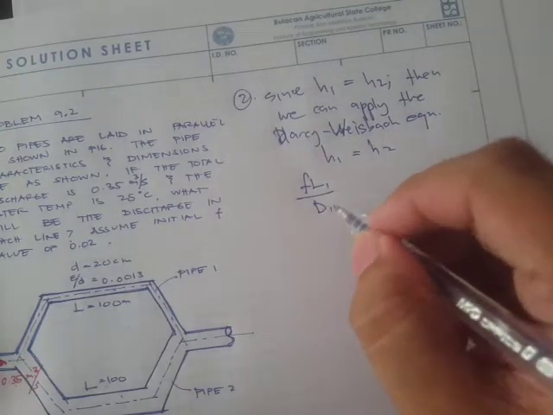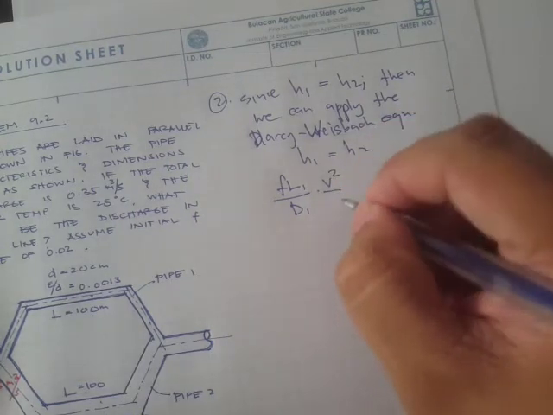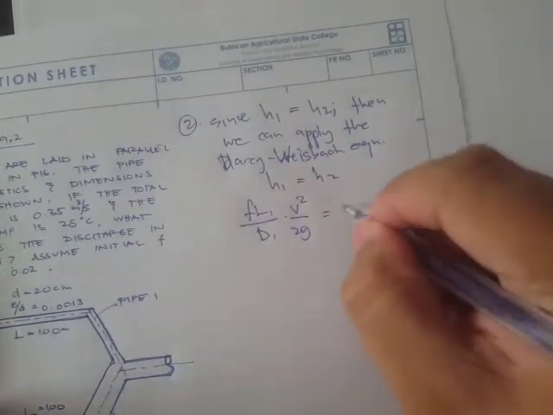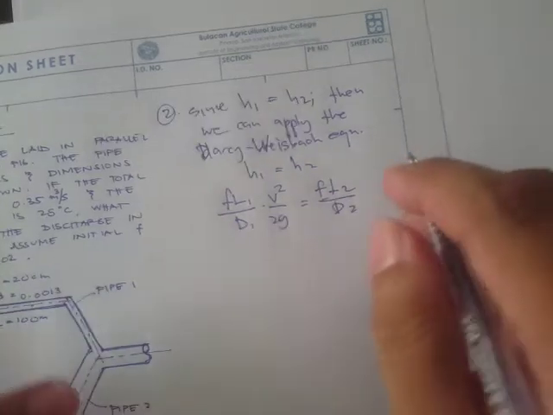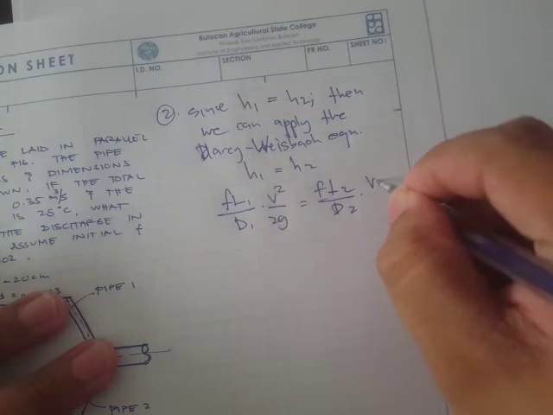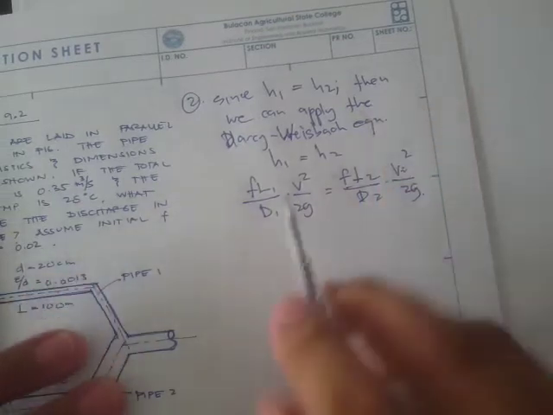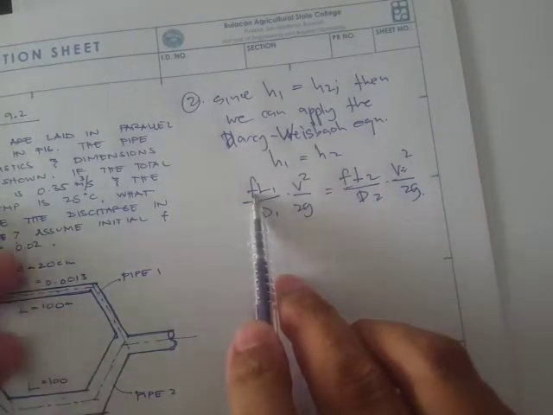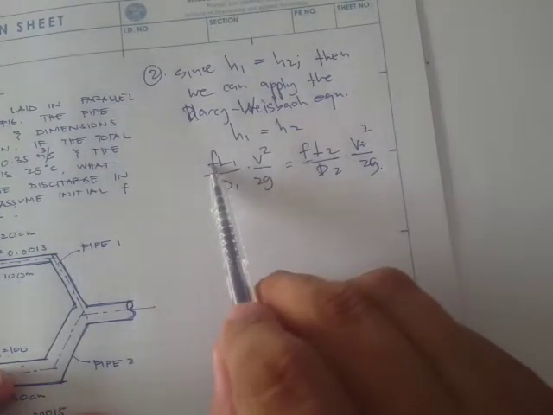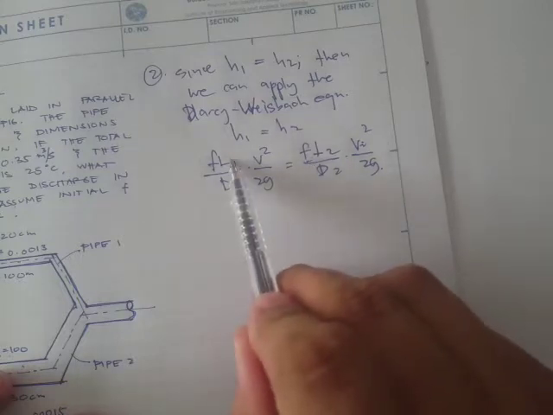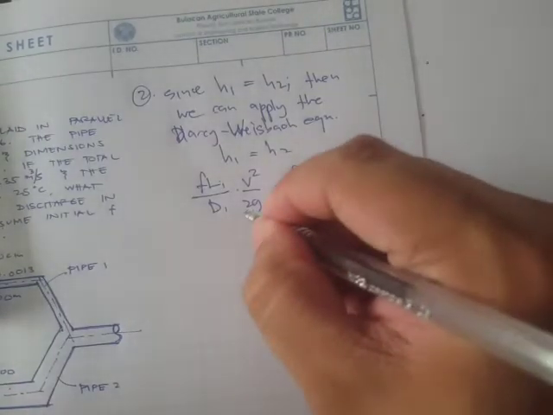So f L1 over D1 times the velocity head V squared over 2g is equal to f L over D at pipe number 2 times the velocity head over 2g. Okay, we have the value of f, because it says here we'll assume an initial value of 0.02. Our L is also given, and our D is also given, and this 2g is equal to 2g, that's just the same, so we can cancel this out.